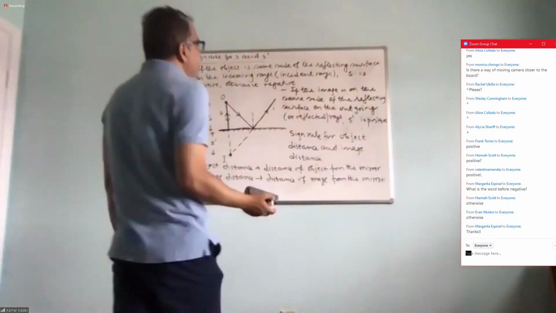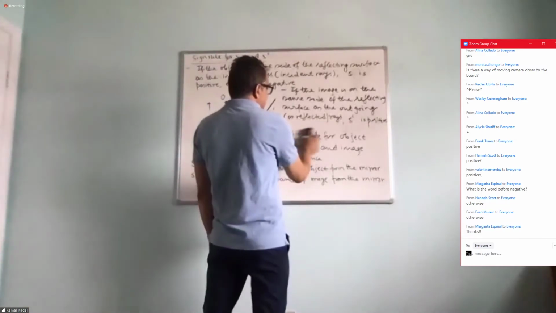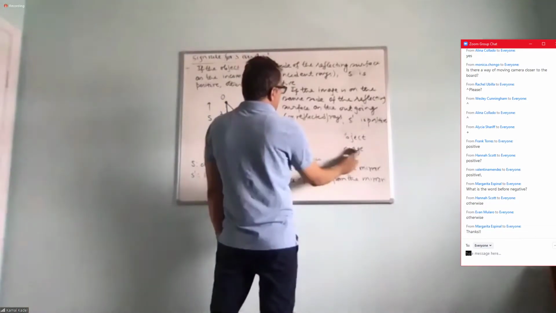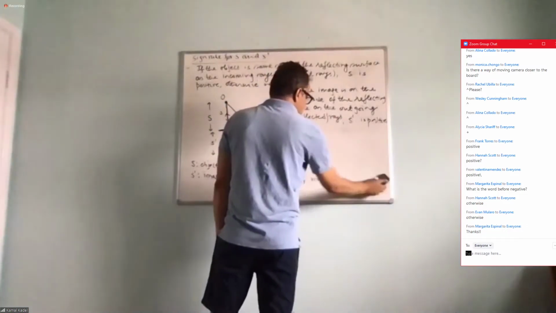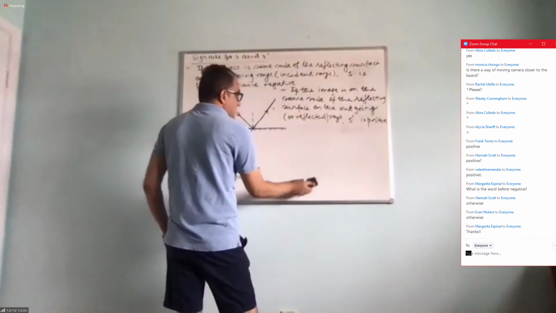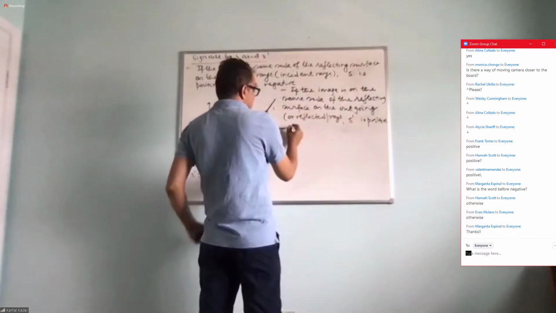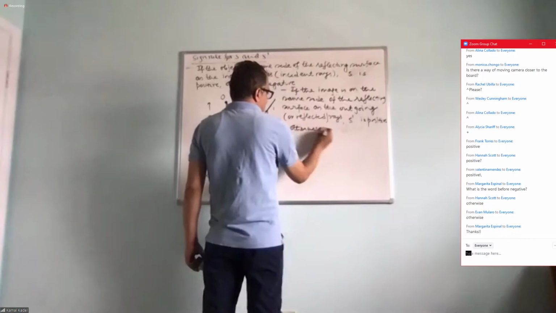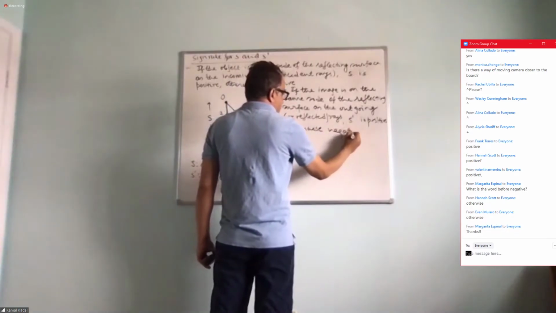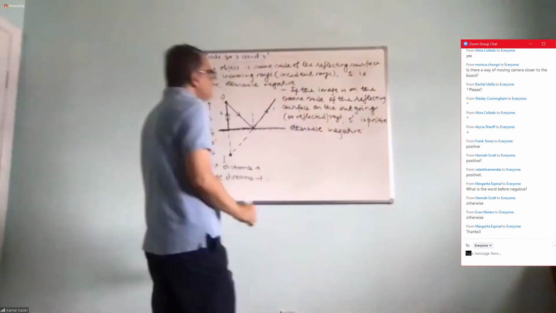If the image is on the same side of the reflecting surface as the outgoing or reflected rays, right? Then S prime is positive, otherwise negative. Okay.